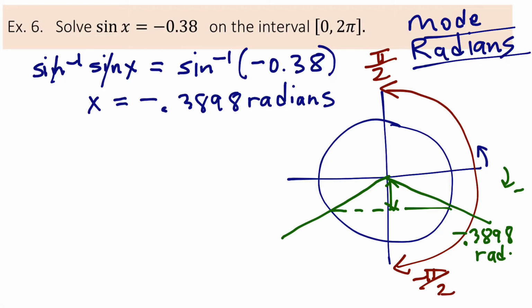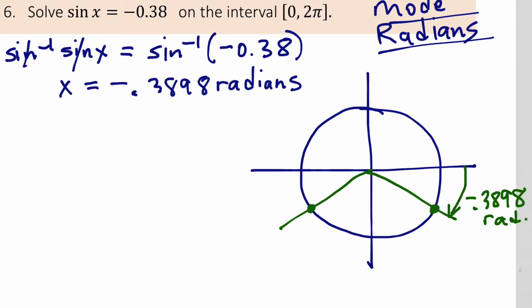Now, this amount of rotation from here to here is equivalent, so these two are equivalent amounts of rotation. We can use that to figure out the positive values for our angles, which is what we want to report.